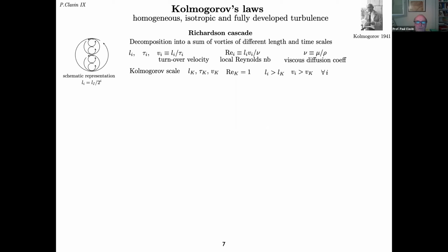So there is no fluctuation below a local Reynolds number of 1. The characteristic scale corresponding to a local Reynolds number equal to 1 is called the Kolmogorov scale, and it is the smallest scale of the turbulent flow.